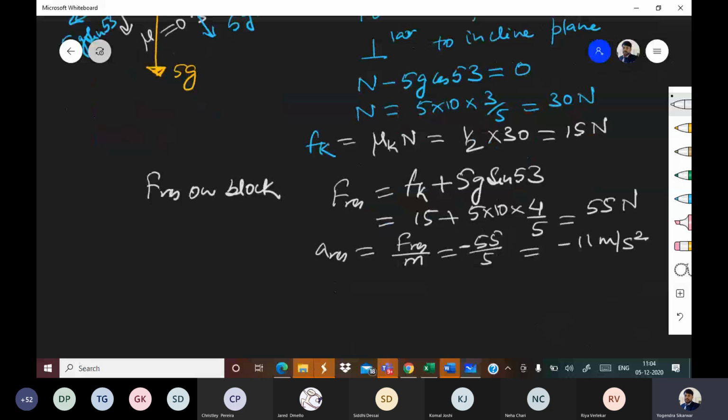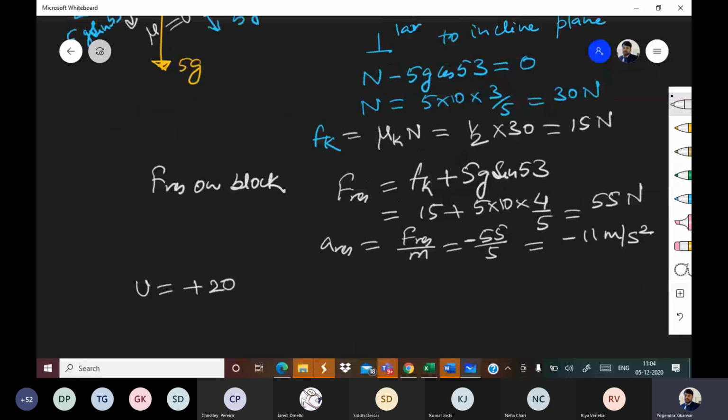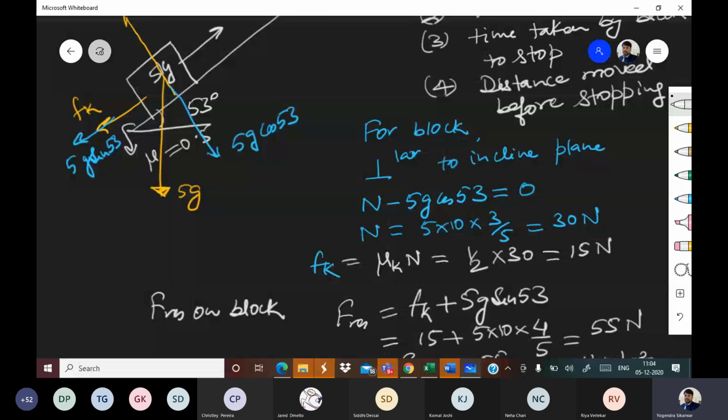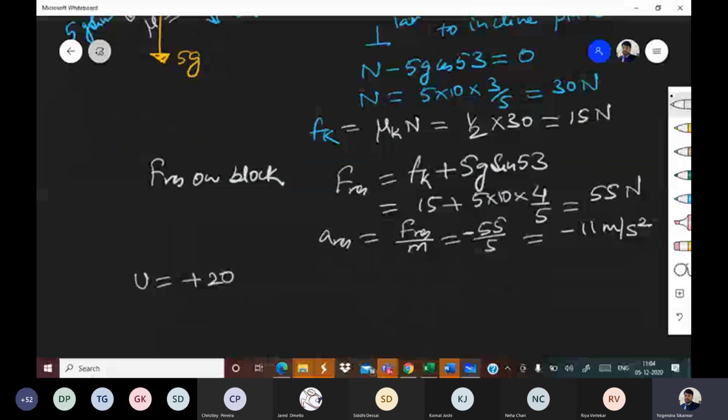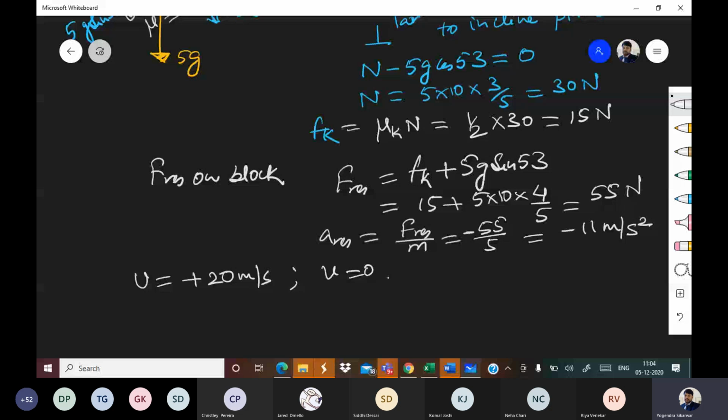U is equal to plus 20. You can see that initial velocity was given as 20 meter per second. Final velocity is 0, so V is equal to 0. A is equal to minus 11 meters per second square. T is equal to question mark. S is equal to question mark. These two things we need to find today.